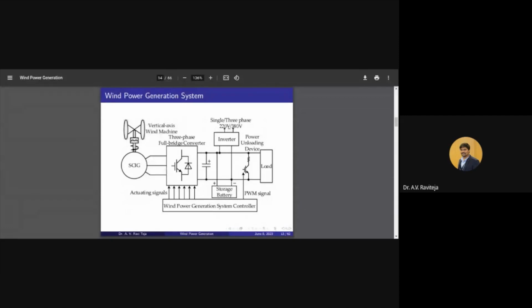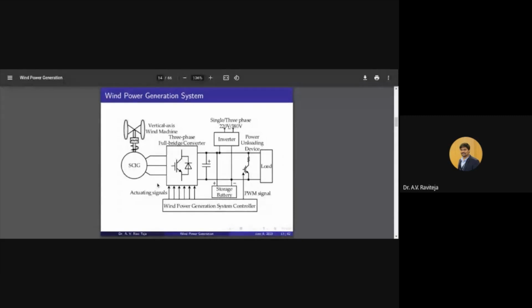Since this is an AC machine, I will have an AC supply coming out of this squirrel cage induction generator whenever the wind turbine rotates. But I cannot give this power directly to the load, nor can I connect this AC supply to the grid. Why?